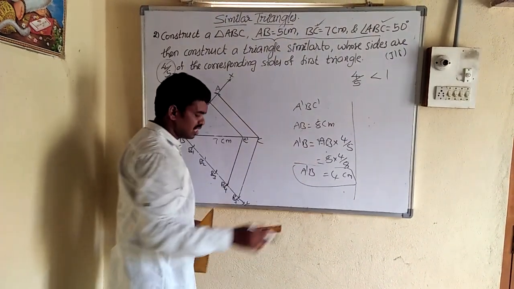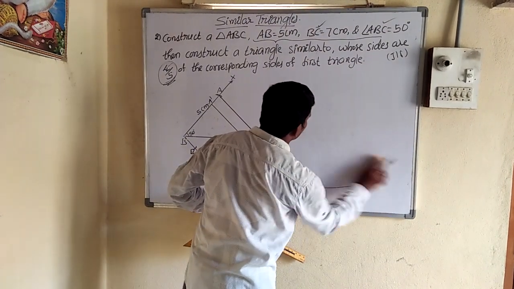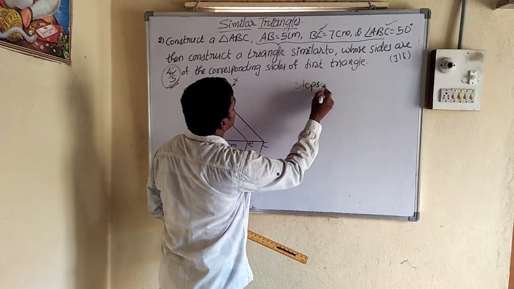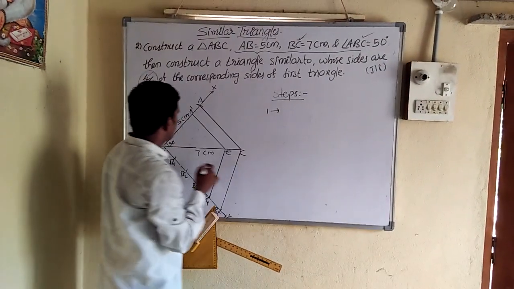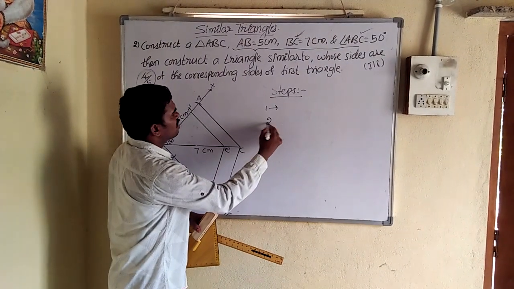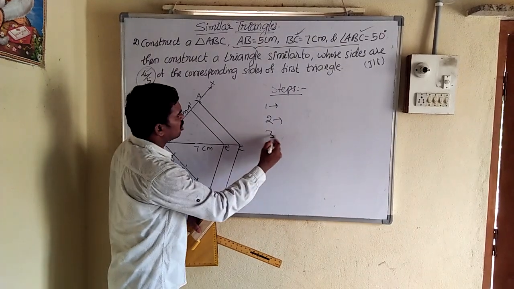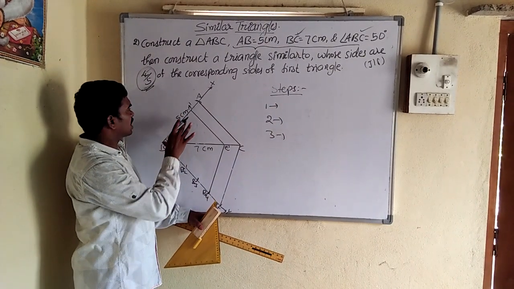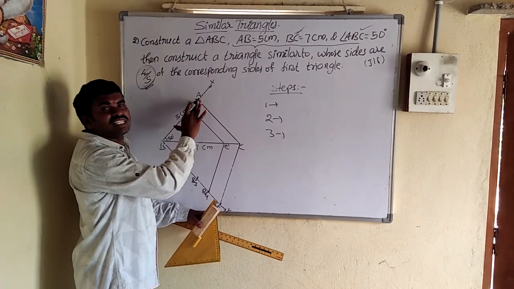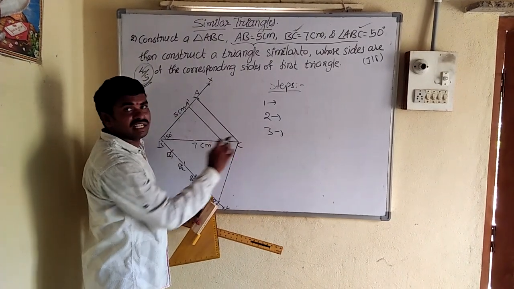This is the verification. Next, a small information: the steps. How to write the construction steps? First, draw a line segment BC equals 7 centimeters. Second, make an angle of 50 degrees at B. Third, draw an arc BA equal to 5 centimeters on ray BX. Next, join AC.